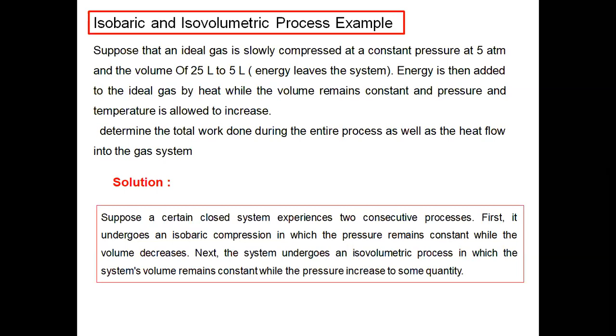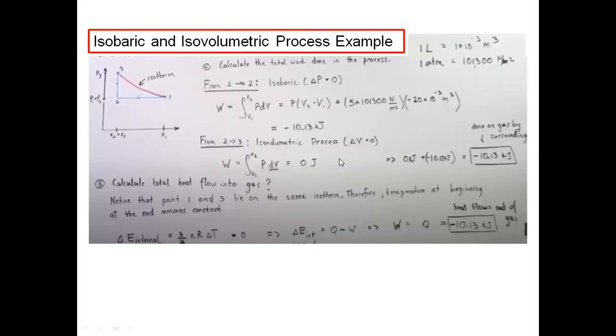Next, the system undergoes an isovolumetric process in which the system volume remains constant while the pressure is allowed to increase to some quantity. Okay, then from 1 to 2, from 1 to 2 is isobaric. The pressure is constant, so the change in pressure is zero.